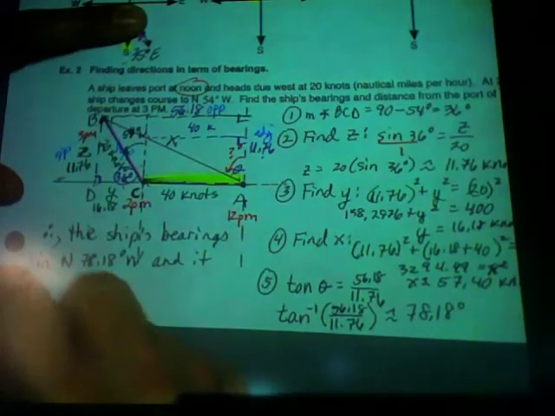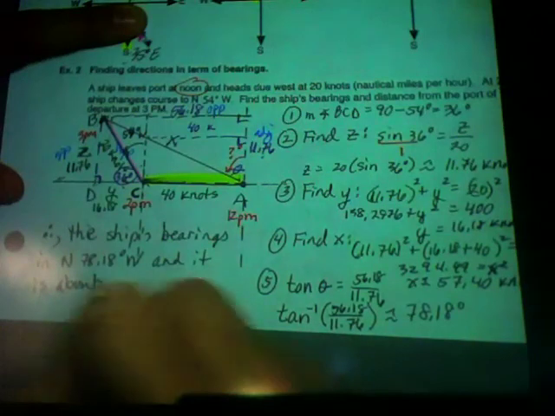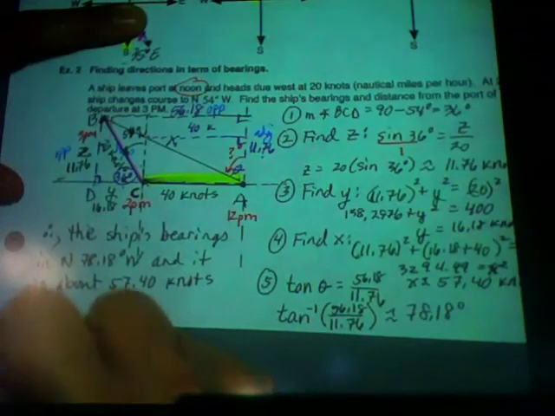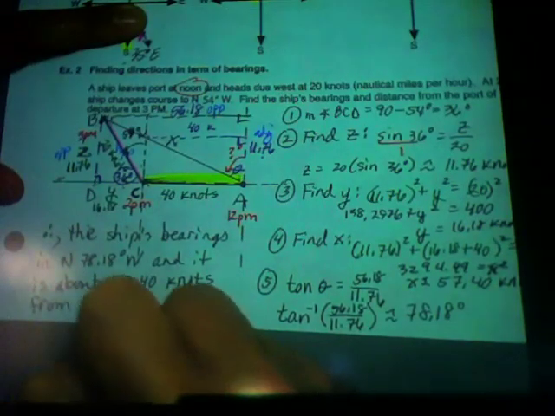And it is, how far? What was that? So it is about 57.40 knots from the point of departure.